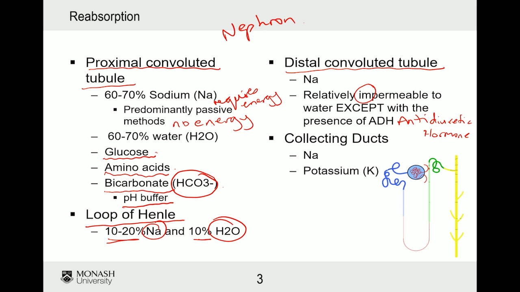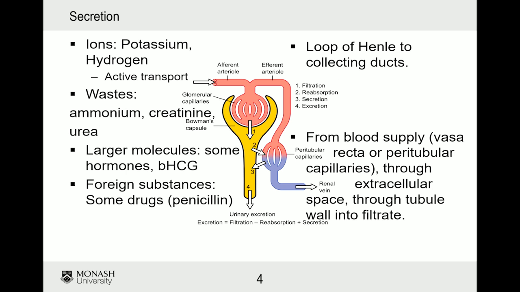Then the collecting duct. We are still reabsorbing at the collecting duct a bit of sodium and a bit of potassium, the two main ions in our fluids. So that's a brief look at reabsorption. It takes a lot of different methods to get substances from the filtrate back into the blood.